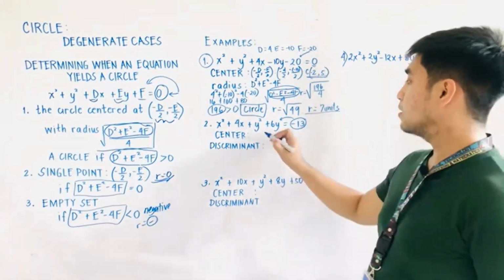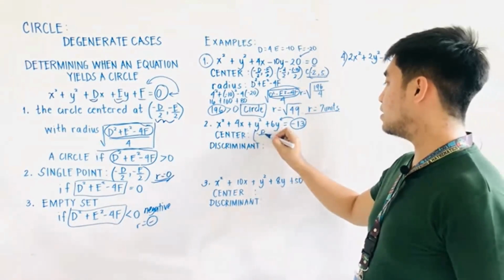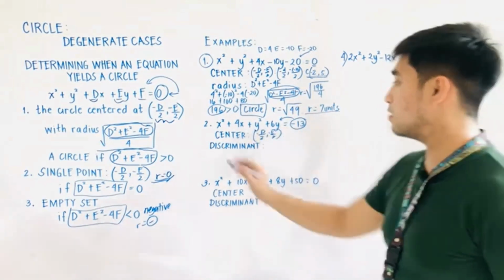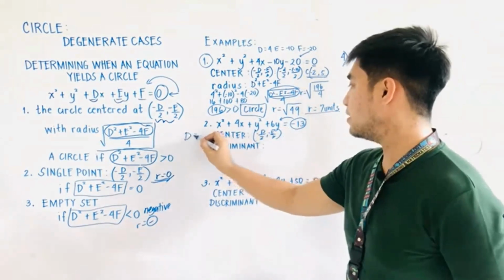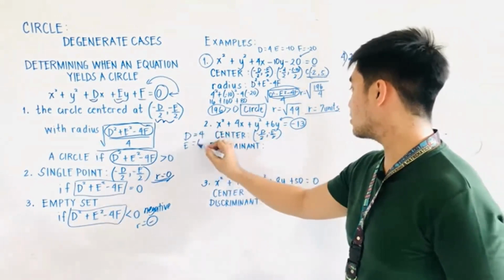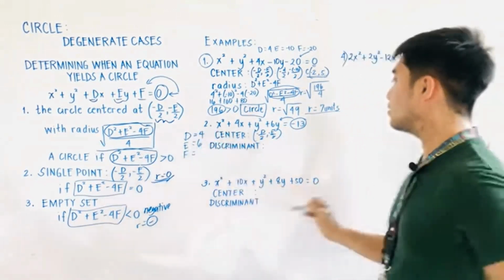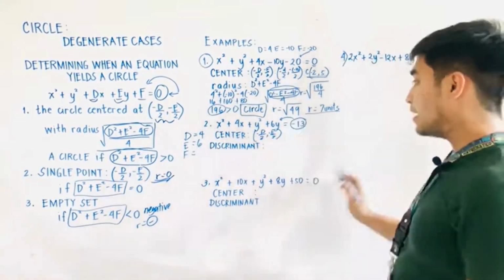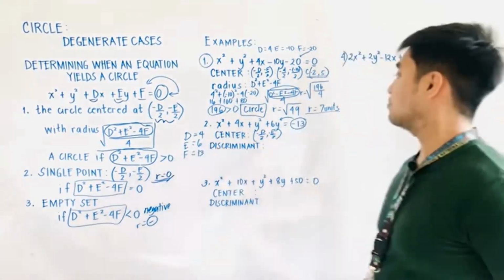Okay? So, the center now is located at negative d over 2 and negative e over 2. But what is the value of d? Therefore, d is equal to 4, e is equal to 6, and f is equal to, since this is negative 13, we transfer that out to the left side, that becomes positive 13.